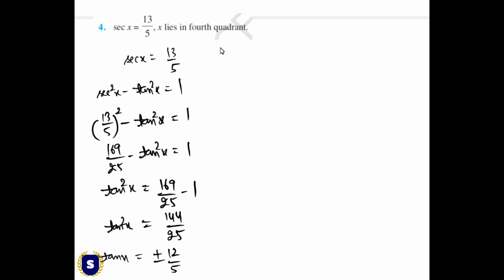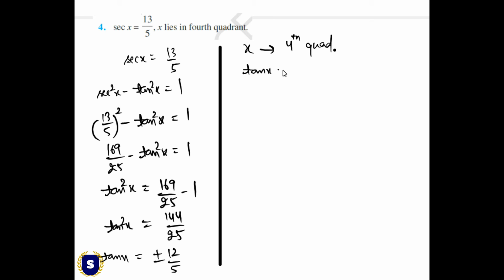Again, same thing, I can't have both positive and negative values here. So considering x to be in the fourth quadrant, the value of tan x must be negative. Therefore, tan x is equal to minus 12 by 5.